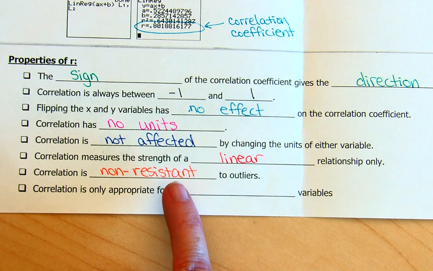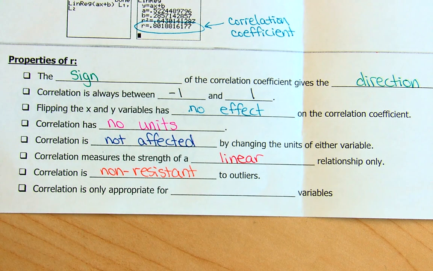This is non-resistant. So putting an outlier in there is going to change the correlation coefficient. The further out the outlier is, the more drastic the change. It can make it look like a stronger relationship, or it could make it look like a weaker relationship. And we'll talk more about that later, about what the outliers actually do, but you need to realize that it is non-resistant to outliers. Outliers will have an effect on the correlation coefficient.